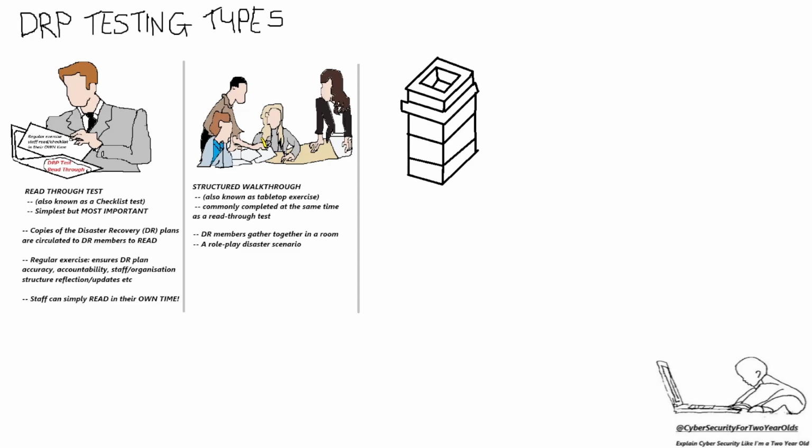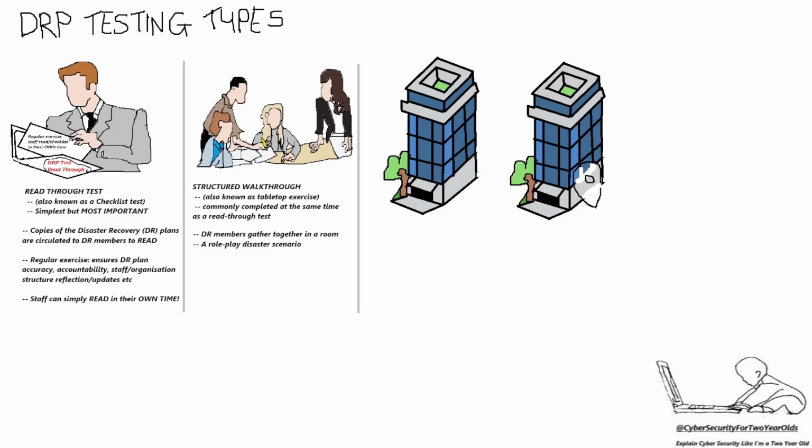Now, the next types of tests can cause interruption or alternative sites to be enacted to really start testing the disaster recovery planning in an active manner. The first of such tests is known as a parallel test, which involves spinning up an alternative site without interrupting the primary site.